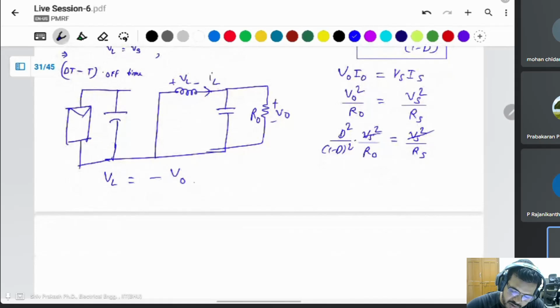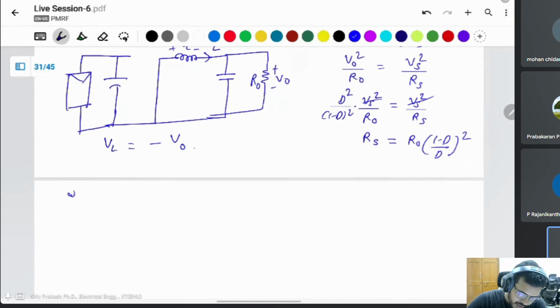Vs will be cancelled out. Calculate Rs here. Then it will be Rs equals Ro times ((1 minus D) divided by D) whole squared.